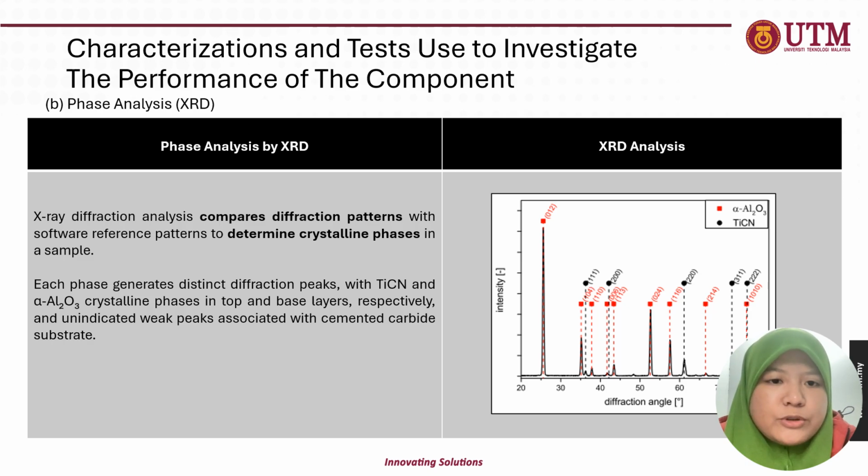Depending on the crystal structure, each phase generates a different set of diffraction peaks, so each has its own unique peaks to determine the type of material. For the same sample, the red peaks are for the coating, which indicates aluminum oxide, and the black ones are the base, titanium carbonitride.